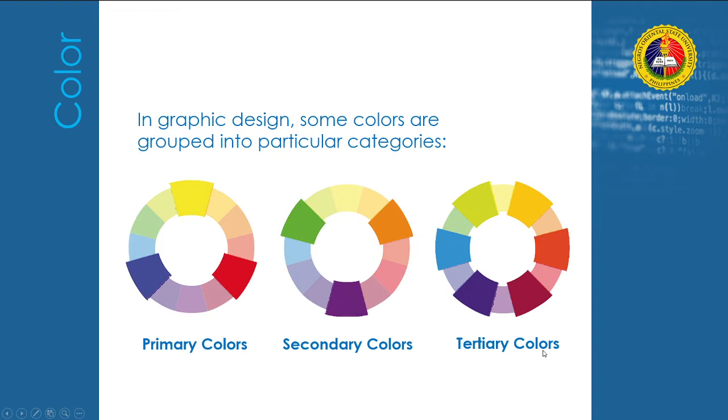The tertiary colors, however, are the combination of both a primary and a secondary color. For example, if we combine yellow and green, we will have yellow-green. If we combine yellow and orange, we will have yellow-orange.